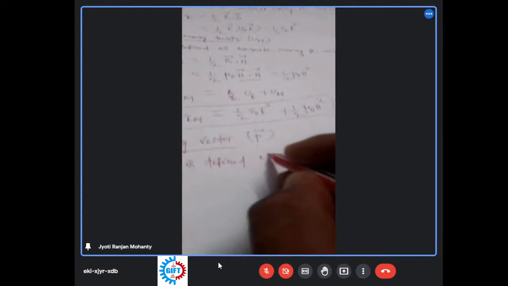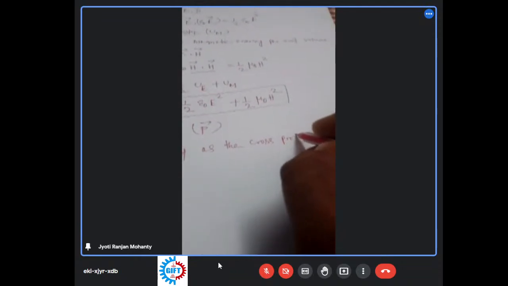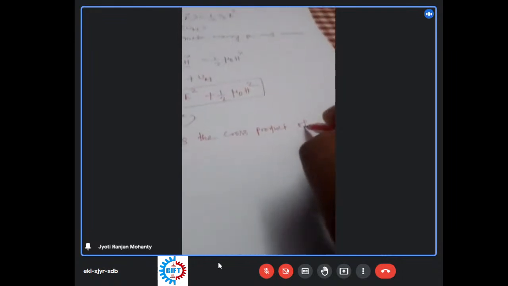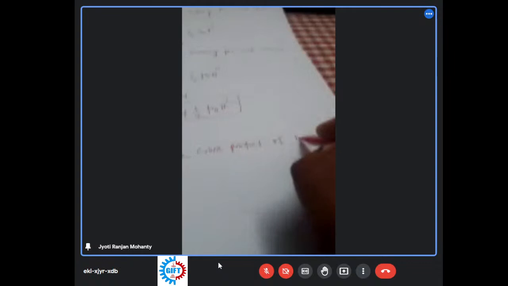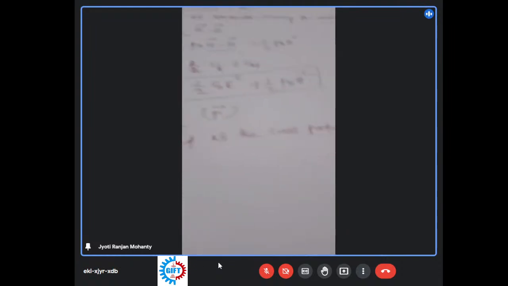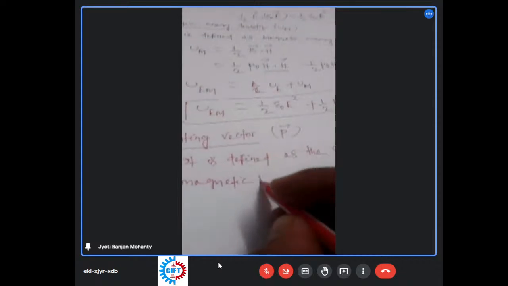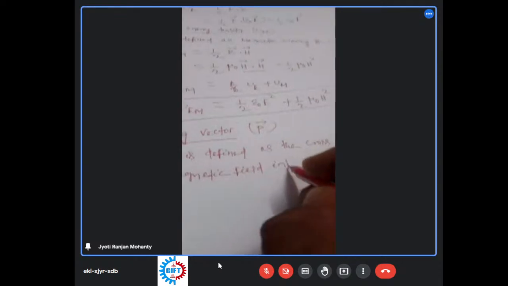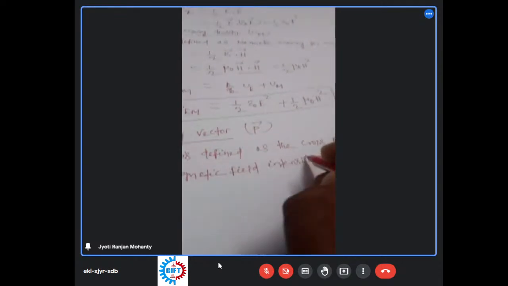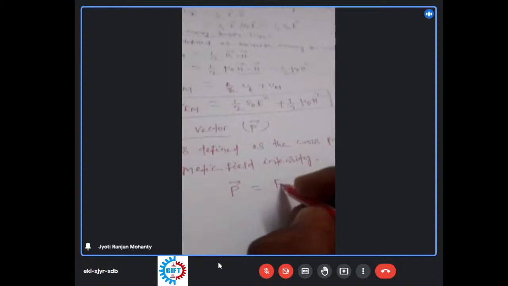It is defined as the cross product of the electric field vector E and the magnetic field intensity H. So I can write P is equal to E vector cross H vector.